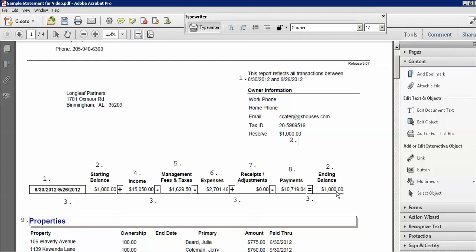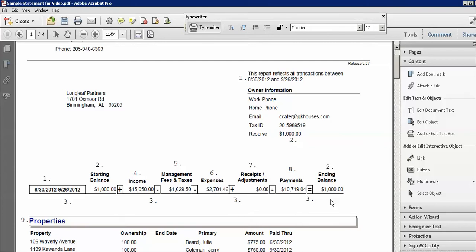The reserve amount, the starting balance, and the ending balance all work in coordination with each other. Once a house or portfolio is up and running, they will typically, unless there's an unusually high expense period, equal each other. So you can see right here during this period, they are equal to each other. In some cases, the starting balance or ending balance will be less than the stated reserve amount. This means there is a shortfall in the owner account.